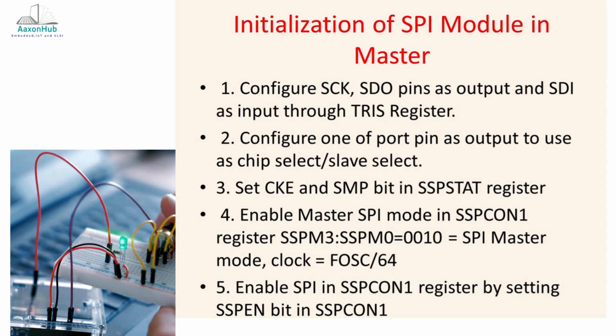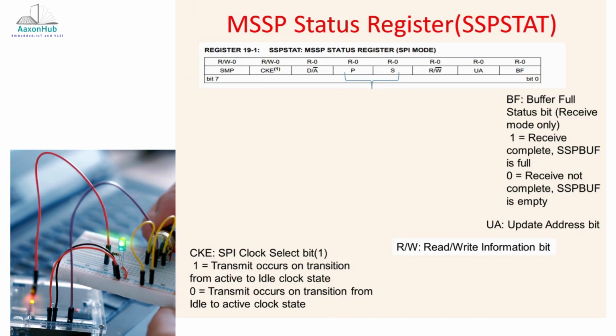In the third step, we need to select the CKE bit and SMP bit in the SSPSTAT register. We have seen these two bits previously: CKE is nothing but the SPI clock select bit, so the transition of the clock from active high to active low state or from active low to active high state is decided by CKE.